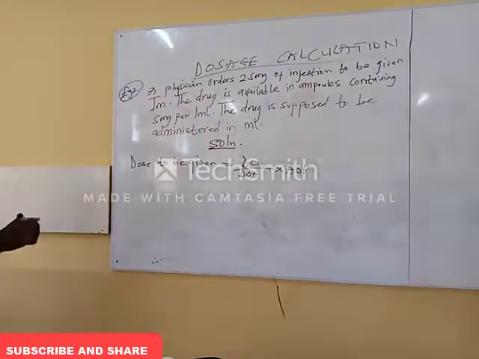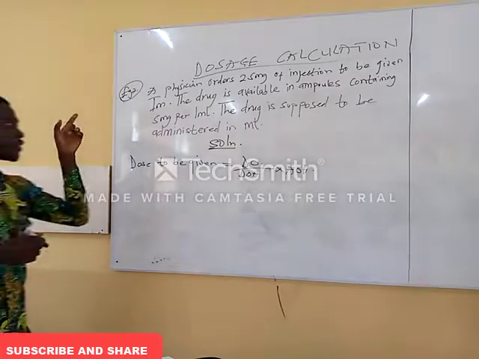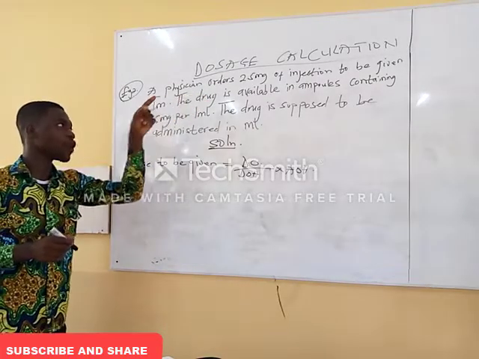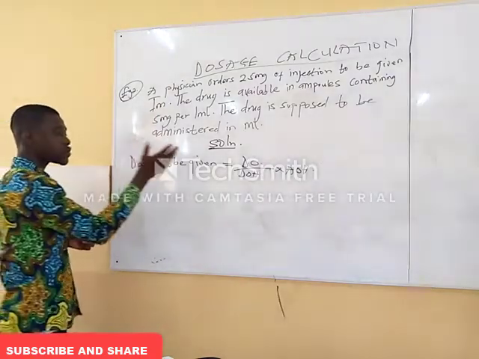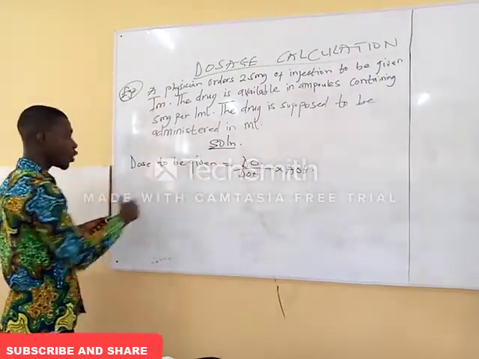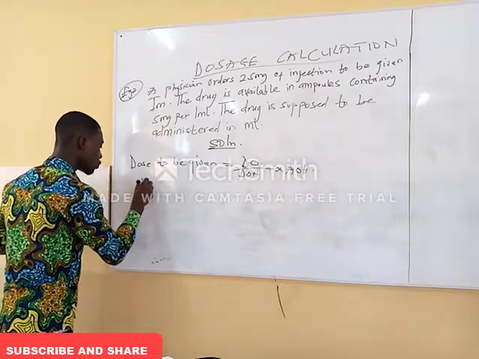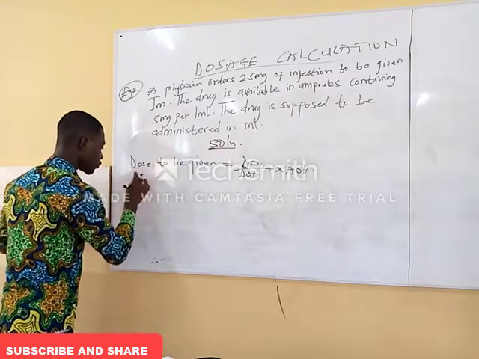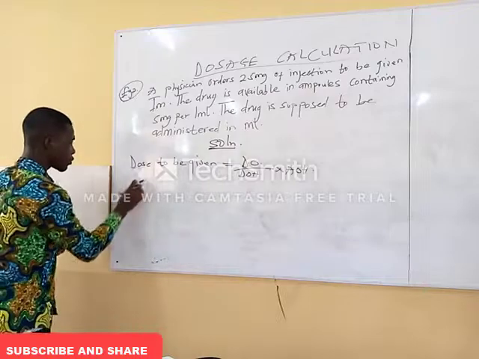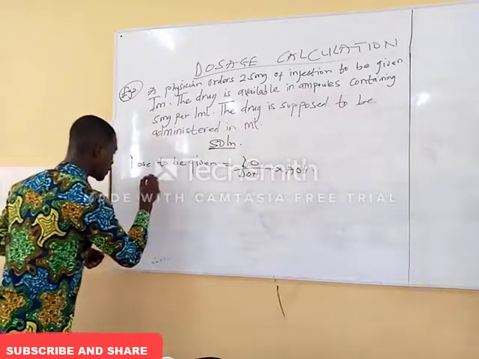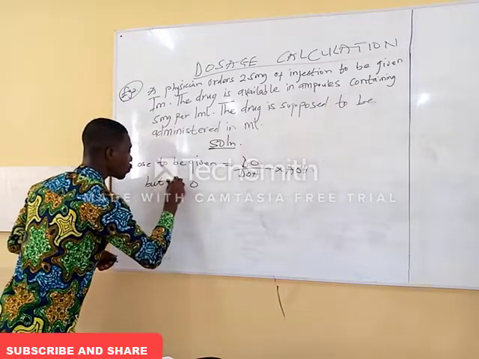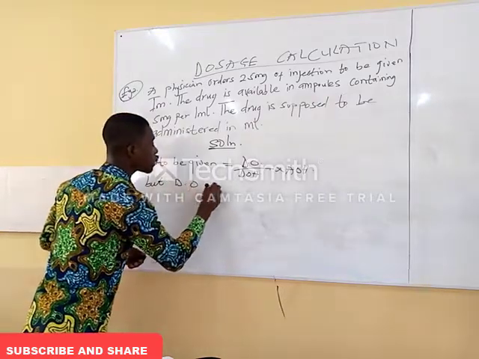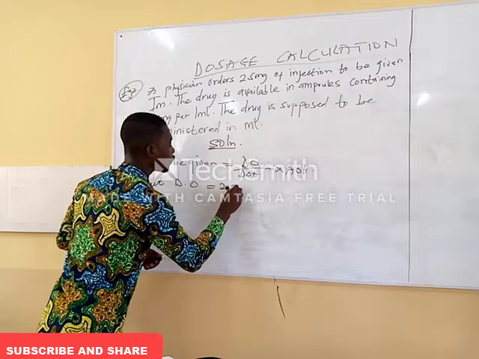This is the formula. So simple. A physician orders 2.5 milligram. So it tells you that this is the dose ordered. So DO, dose ordered, is equal to 2.5 mg.